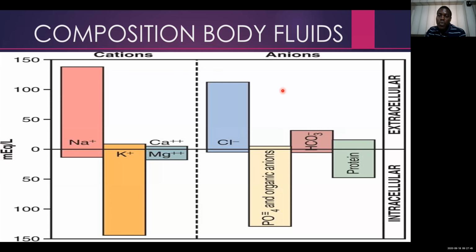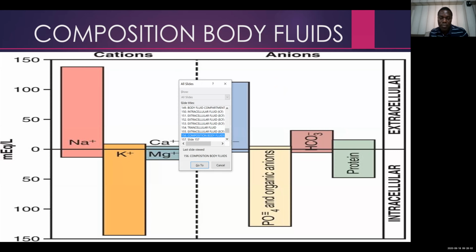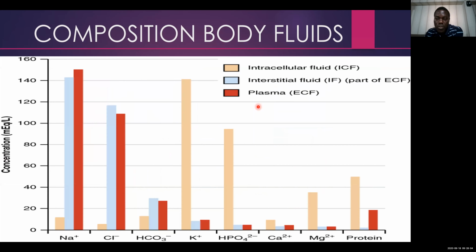Good. When we take laboratory measurements of these chemicals, most of the time the laboratory estimates that we get will be the estimates of the plasma. So when you send someone for laboratory test, this is what will be measured.